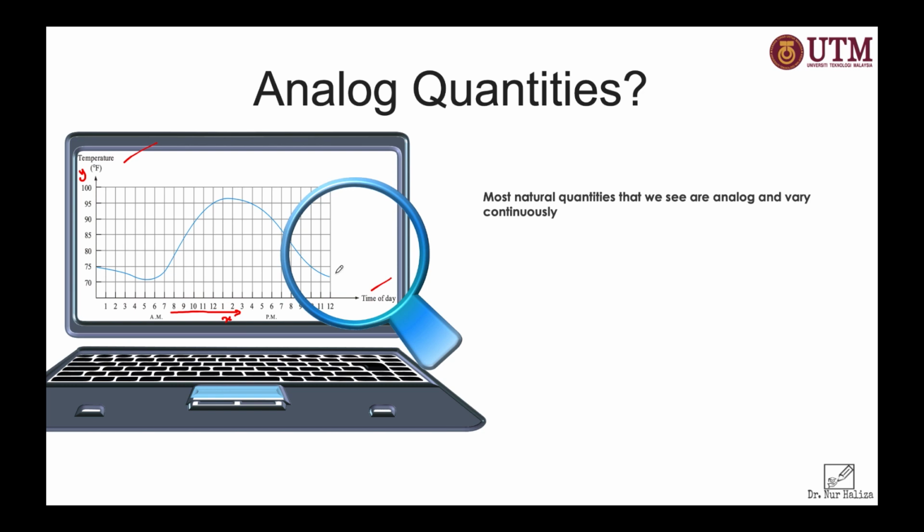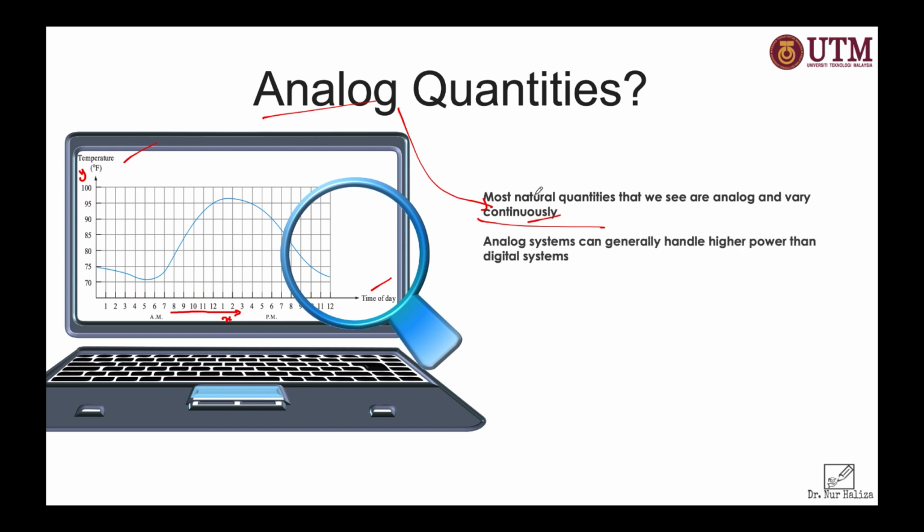So now you know the answer is that analog is continuous. As in the previous video, I provided the key for analog and the key for digital, and you know that the key for analog is continuous.